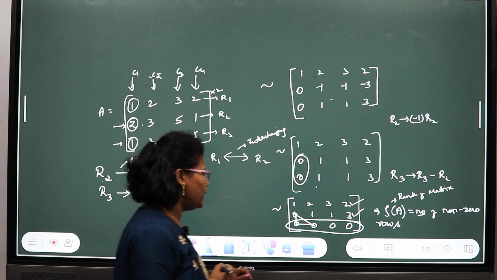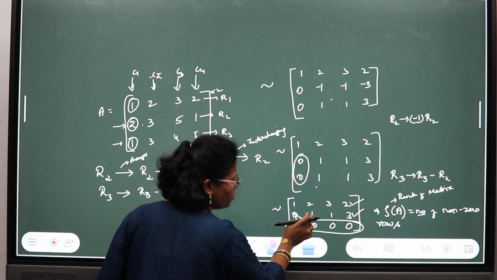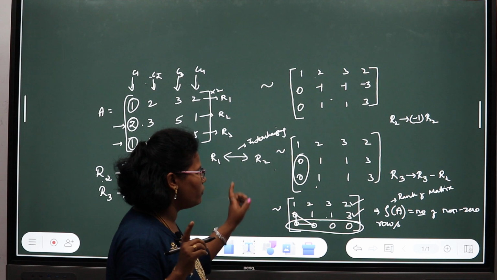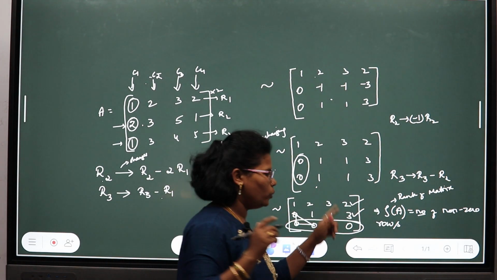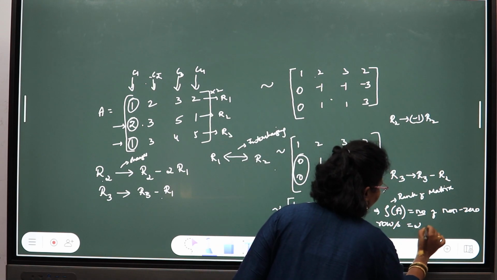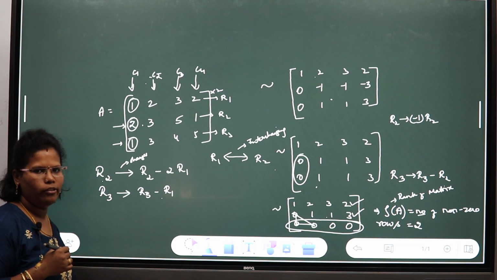Remember that even if your row has 0, 0, 0, 3, a single element, you still have to consider it a non-zero row. So what are your non-zero rows over here? 2.